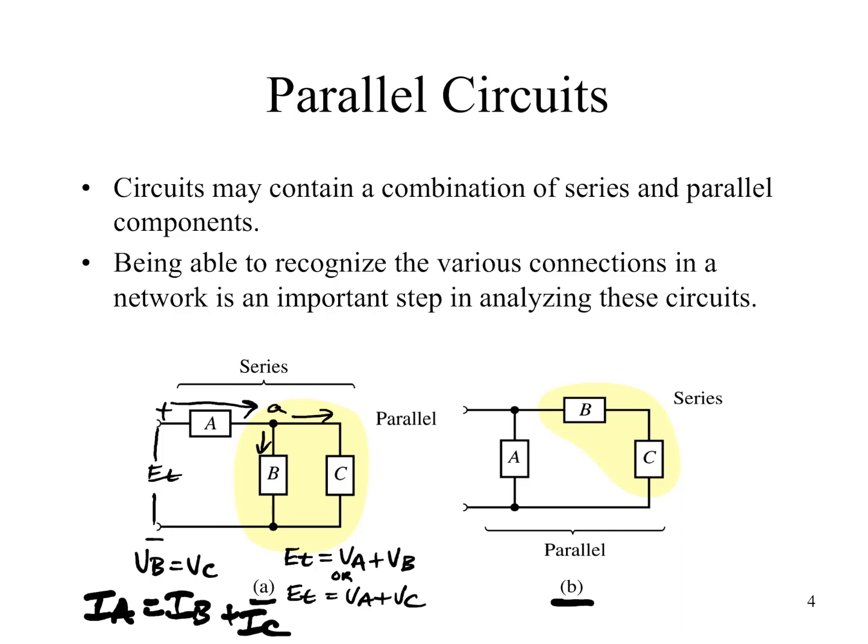We could say that VA would equal VB plus VC. B and C are a voltage divider because they're in series, dividing what voltage? The parallel voltage, and the parallel voltage is voltage A. So voltage A equals VB plus VC.